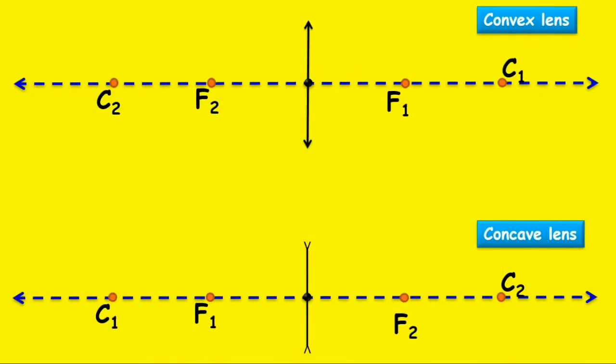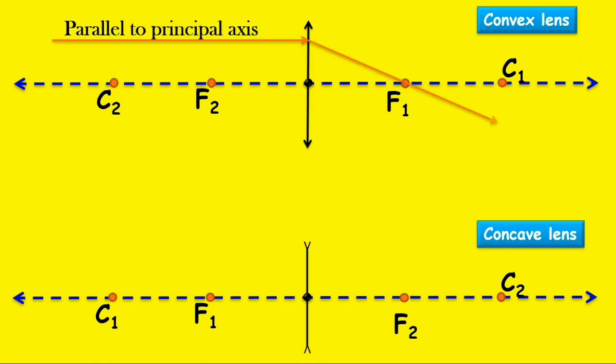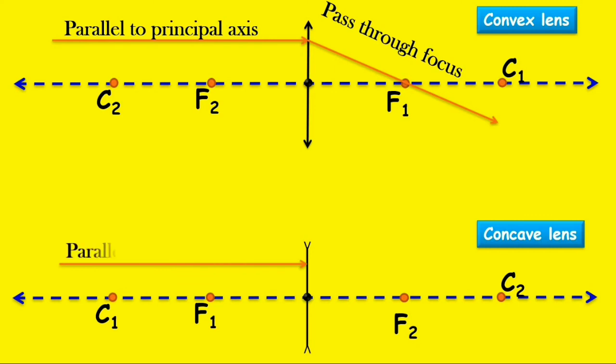Situation 3. Let us take a ray which is parallel to the principal axis. When it is incident on the convex lens, it passes through the focus. For the concave lens, a ray which is parallel to the principal axis diverges away, but when we extend back the diverging ray, it passes through the focus.